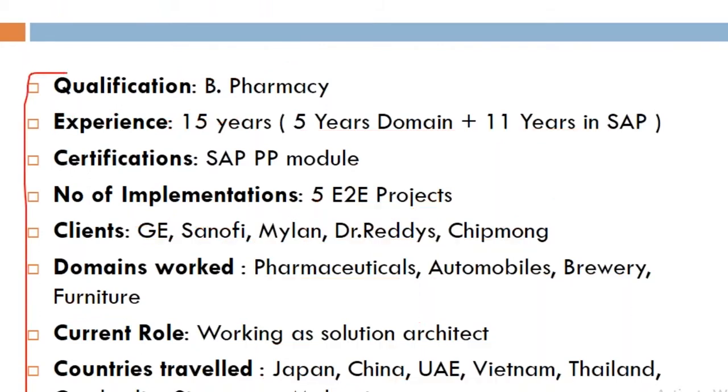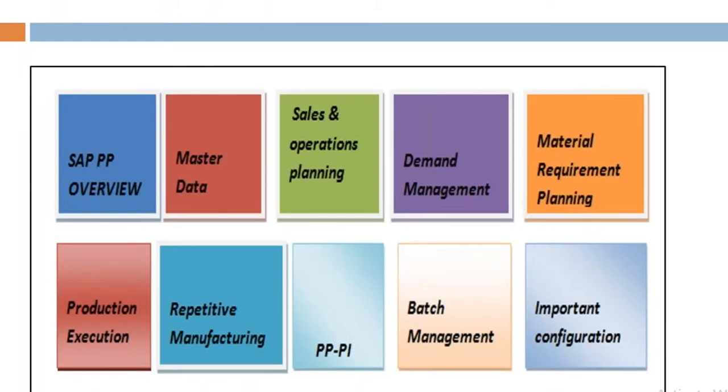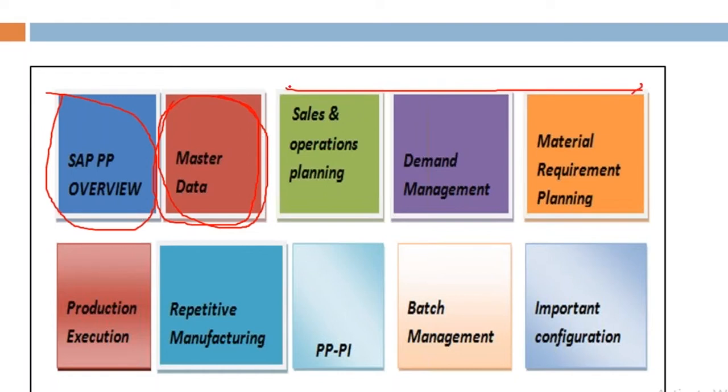Okay, this is the course content. First, we will have the introduction: what is SAP, why SAP is used. Then we will see all the master data required for the PP module. Then we will see the planning topics. In planning we have sales and operations planning, demand management, and MRP, material requirements planning.